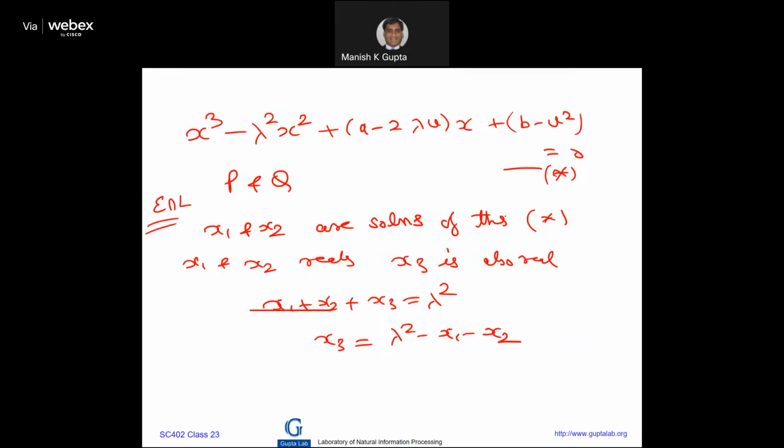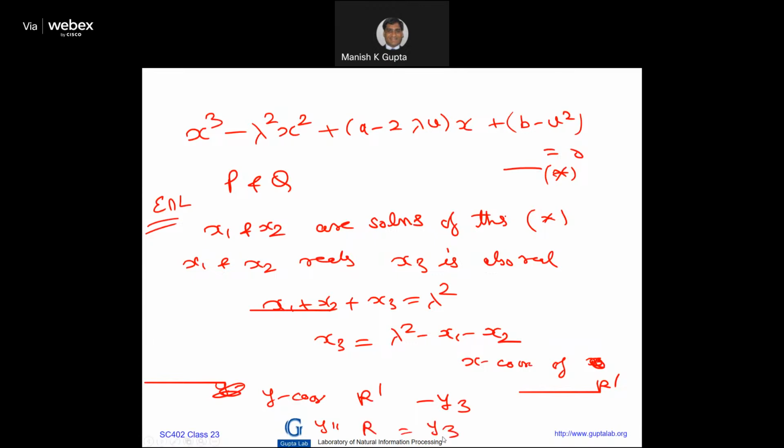X3 is the x coordinate of R prime. The y coordinate of R prime is minus y3, so the y coordinate of R is y3.